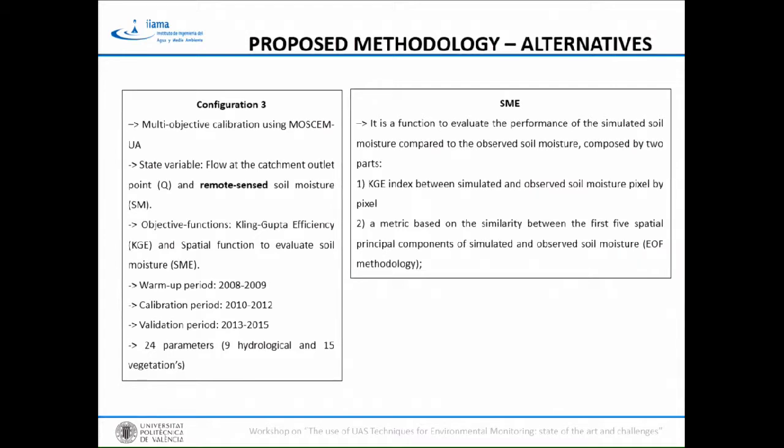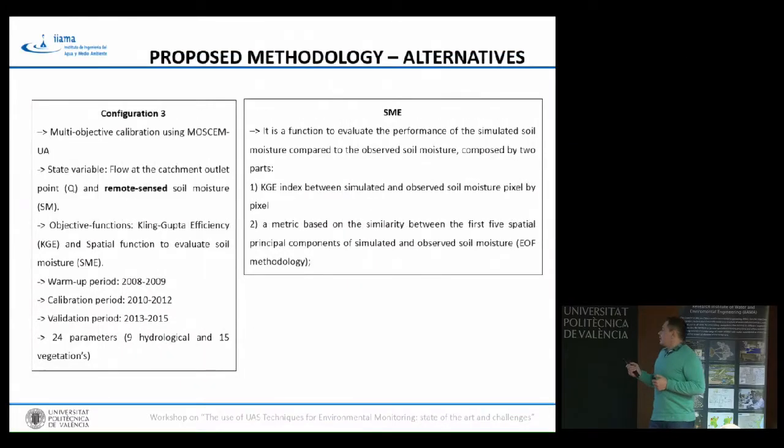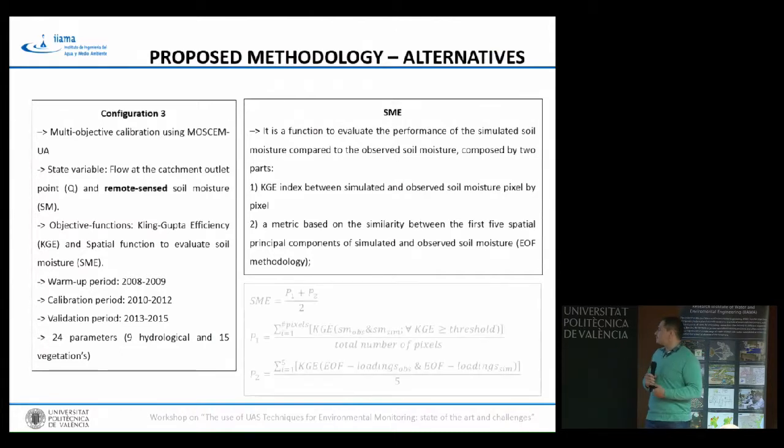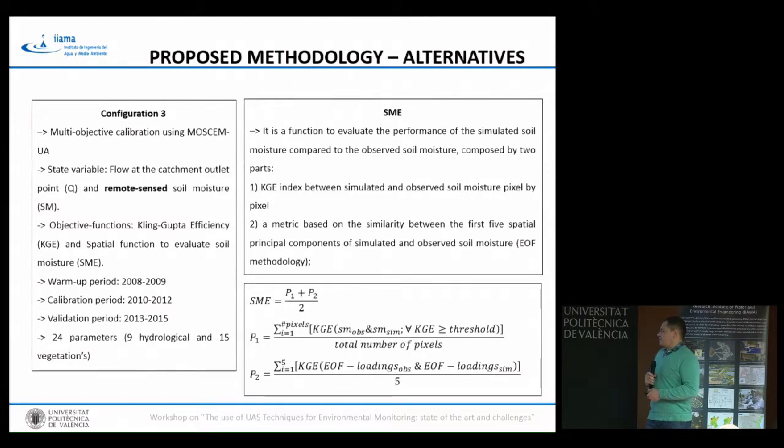And the second one is a metric based on the similarity between the 5 spatial principal components of simulated and observed soil moisture following the EOF methodology. Here we can see the formula that we apply. I don't want to explain the formula because it's too long, but I will continue.